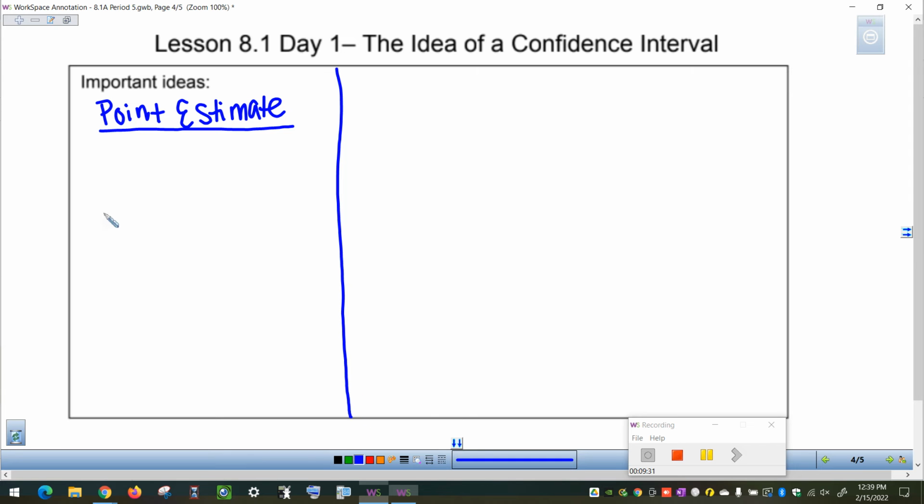All right, so first off, what a point estimate is, it's just a statistic that provides a reasonable guess about the population parameter.